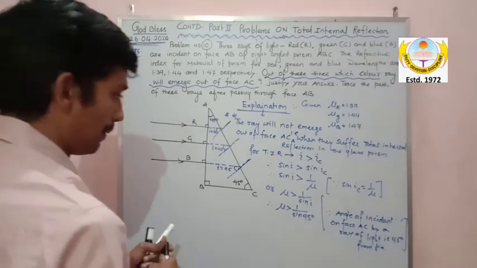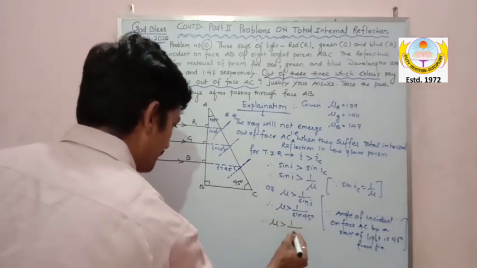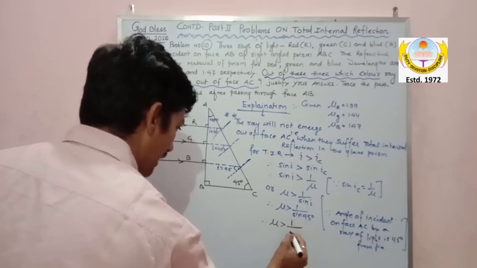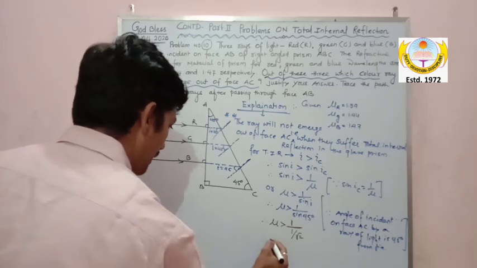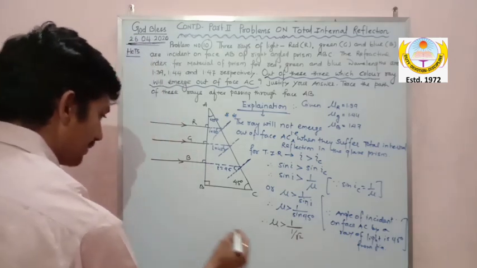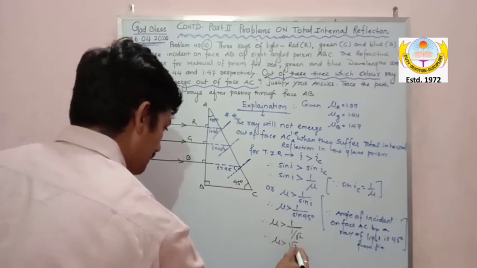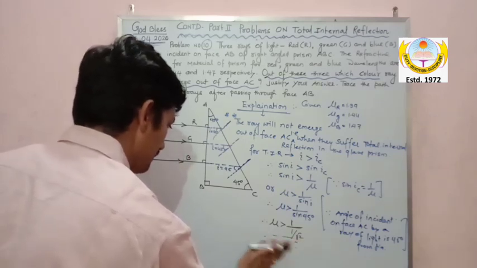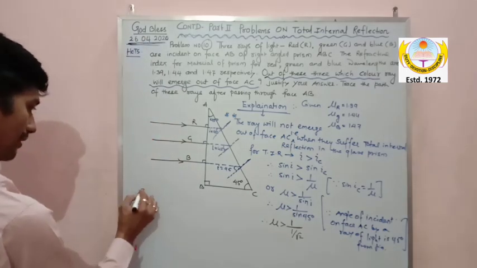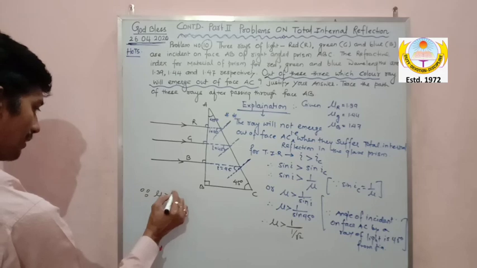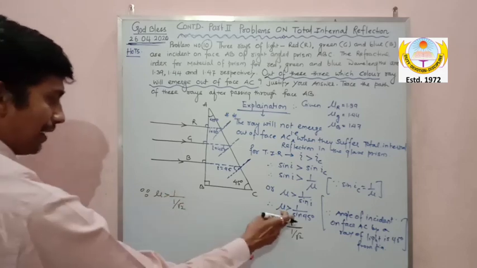So now, my dear, what will be the value? Therefore mu is greater than 1 upon sin 45, and sin 45 is 1 upon root 2.